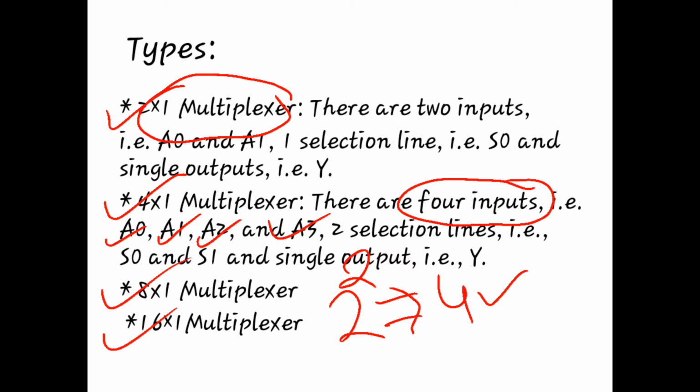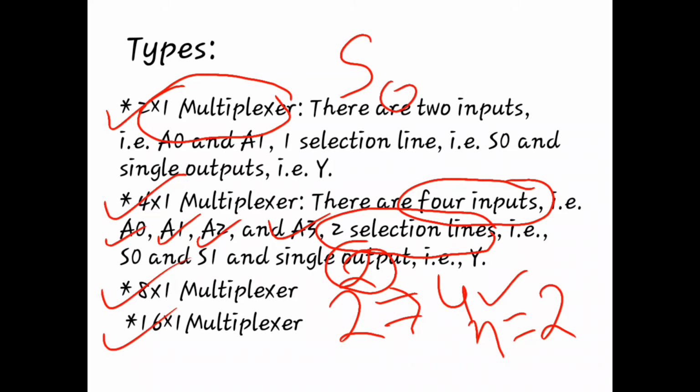From this one can simply find out how many selection lines are needed. So the value of n in this case is 2. So for a 4x1 multiplexer we have 2 selection lines, represented as S0 and S1. And last but not the least, along with 4 inputs and 2 selection lines, we require a single output, which is represented here with symbol Y.